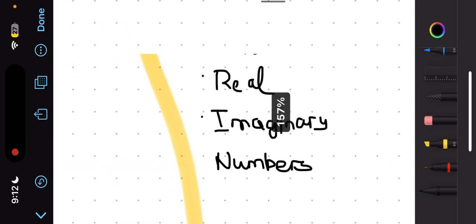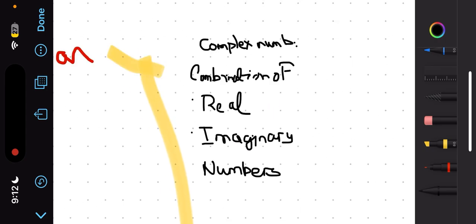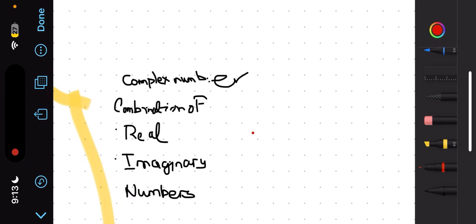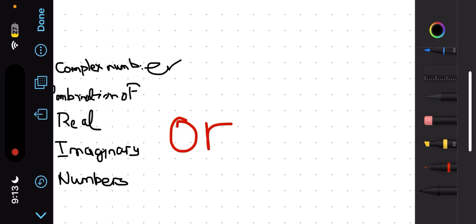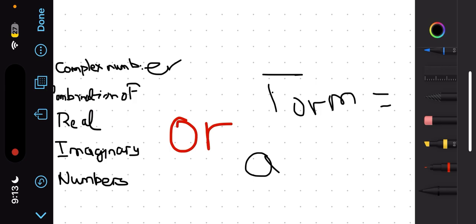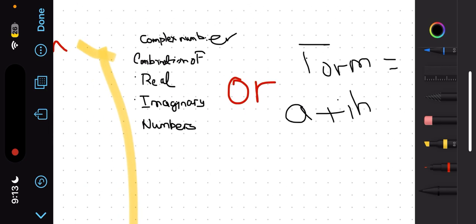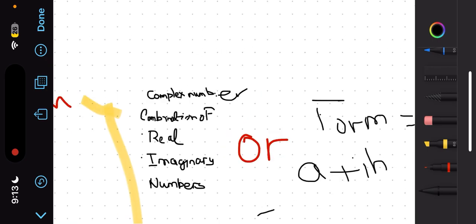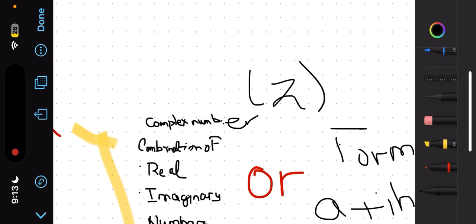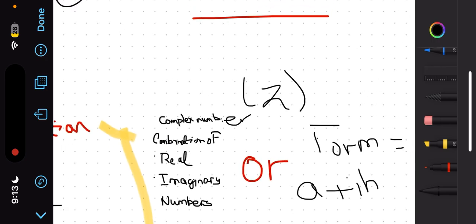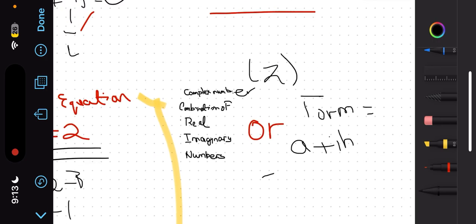It can be written in the form a plus ib. A complex number is also known as z.